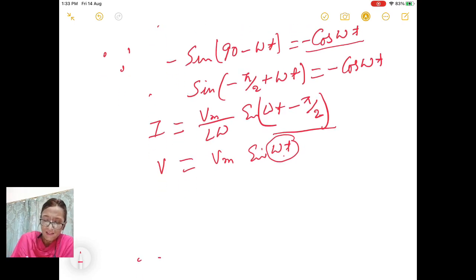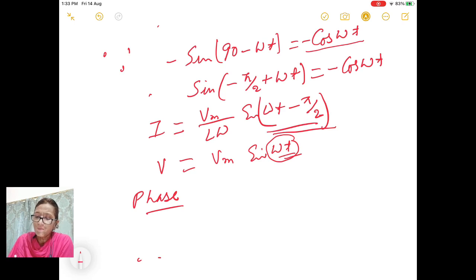So what is phase? Let us learn phase. Phase is this angle, the angle with sine, which determines the value of instantaneous voltage and instantaneous current.